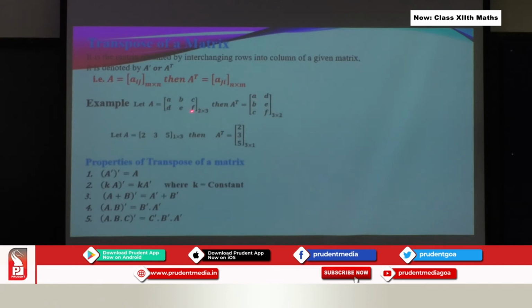The second row again will become my second column. So 2 into 3, I am having here as 3 into 2. Okay, so the order also interchanged. So here the order of the transpose is 3 by 2. What is the order of your original matrix? It is 2 by 3.